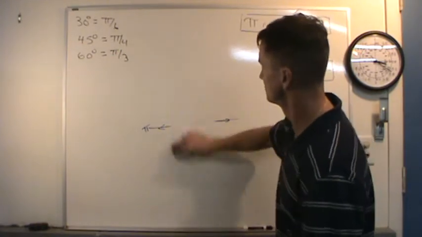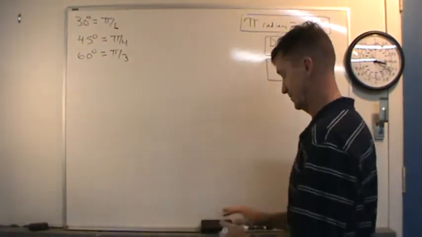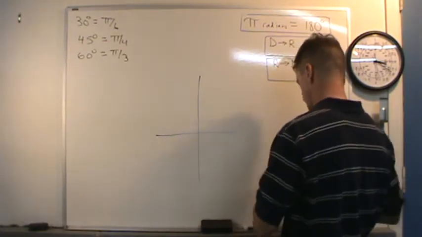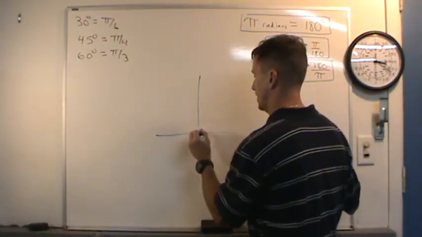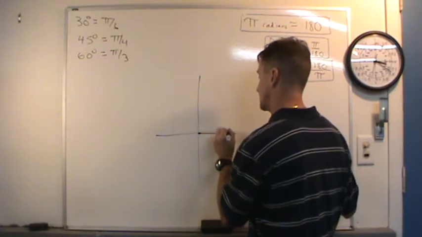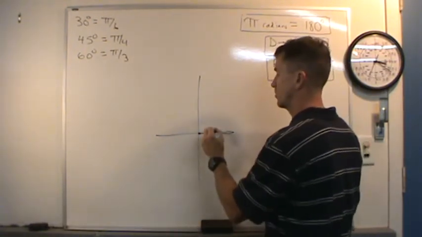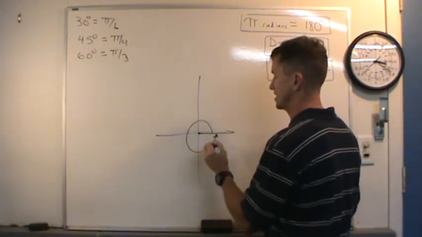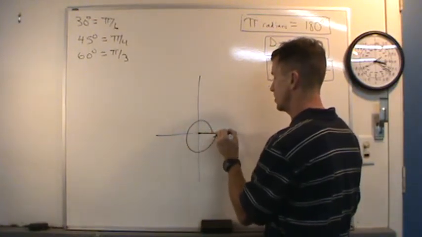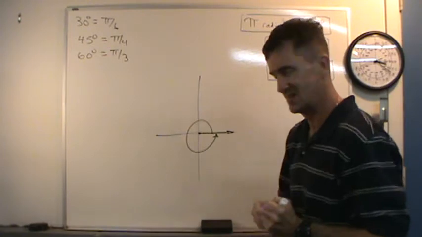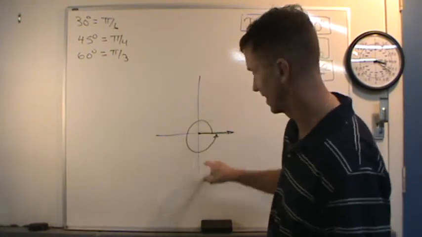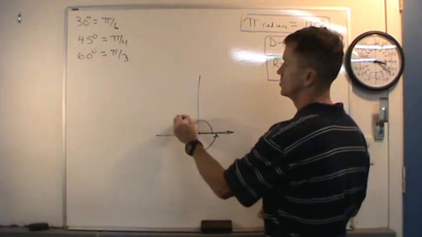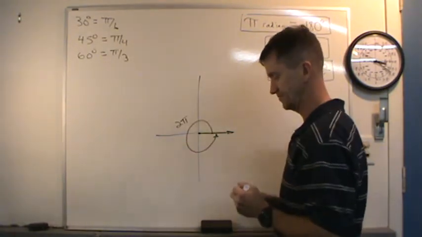Two of those. So if you have to sketch an angle in standard position that rotates 2 pi radians, that's 360 degrees, and its terminal side lies right on top of the initial side, right there along the positive x-axis. So that right there would be 2 pi radians.